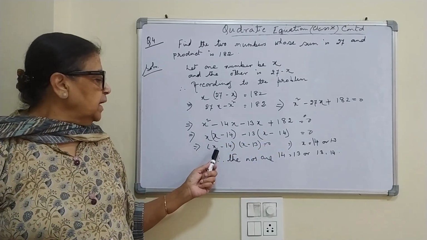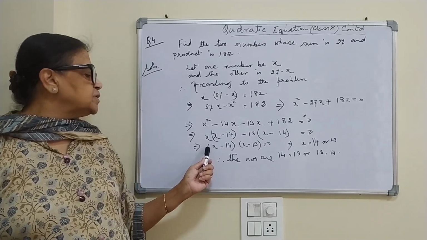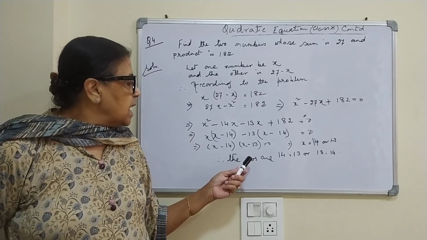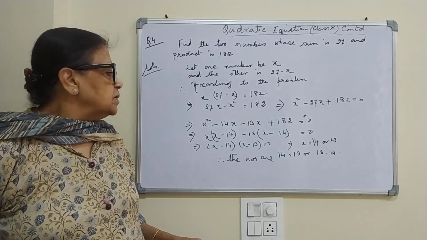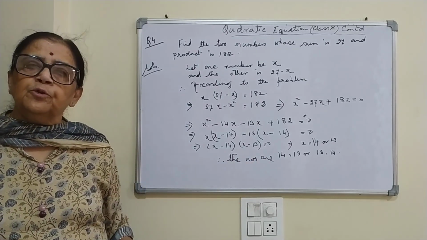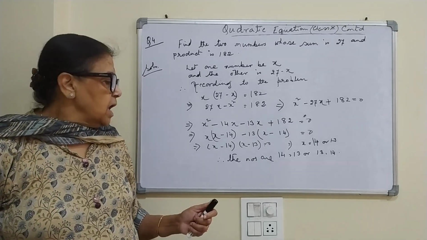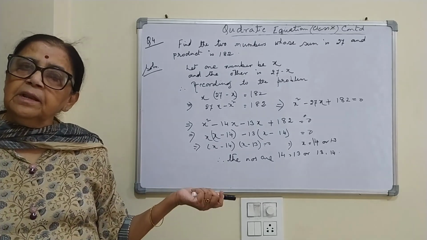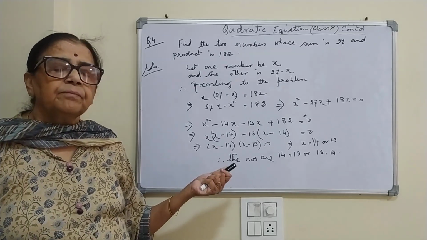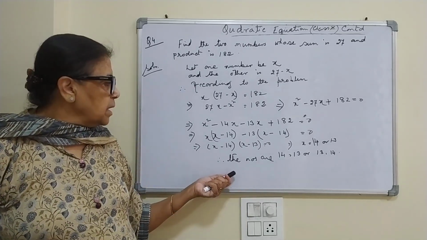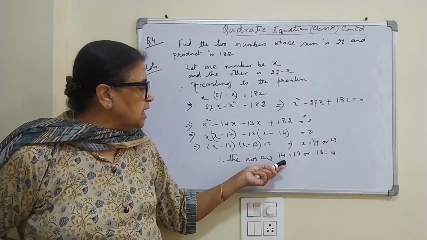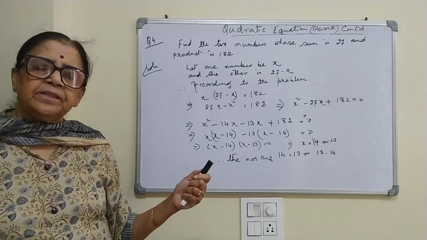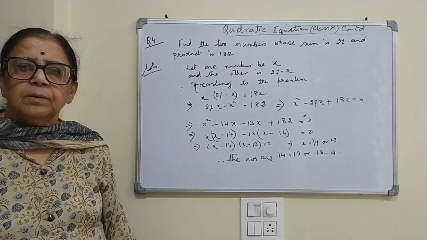When I factorize, I get x minus 14 into x minus 13 is equal to 0. So x is equal to 14 or 13. The numbers are 14, 13 or 13, 14. These are the two pairs. If you want, you can write 13 or 14. Okay.